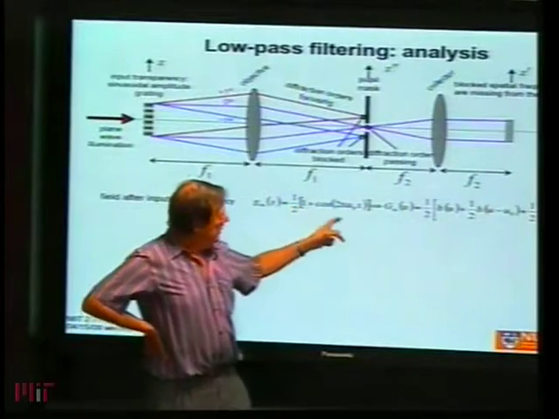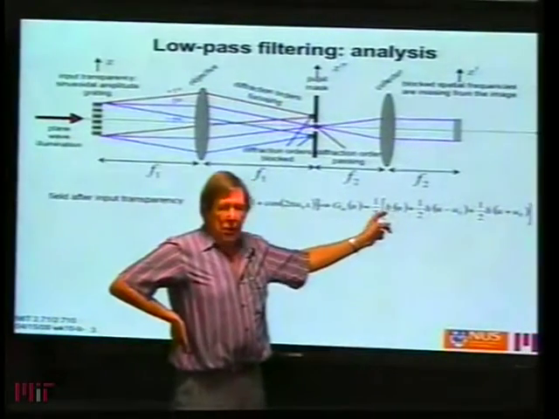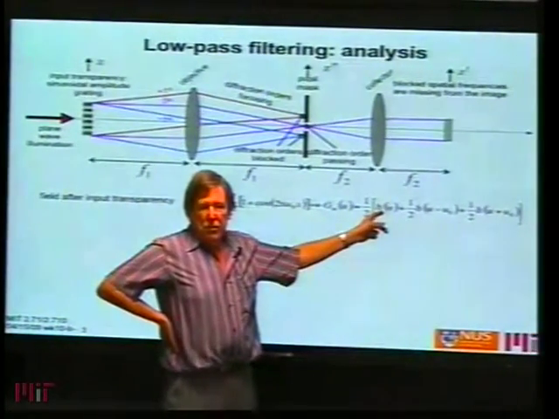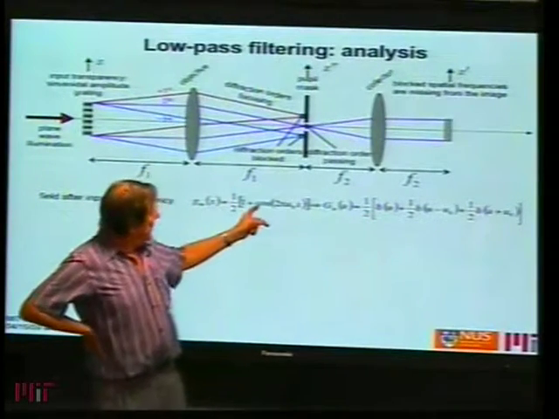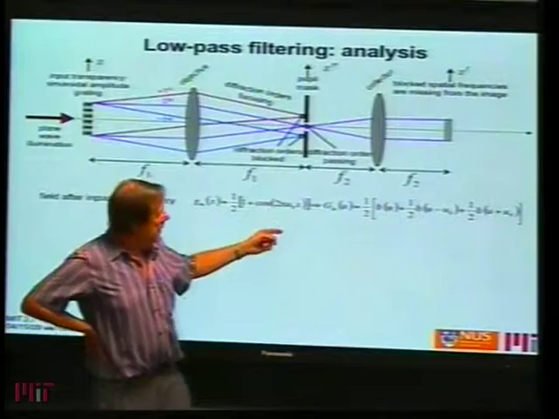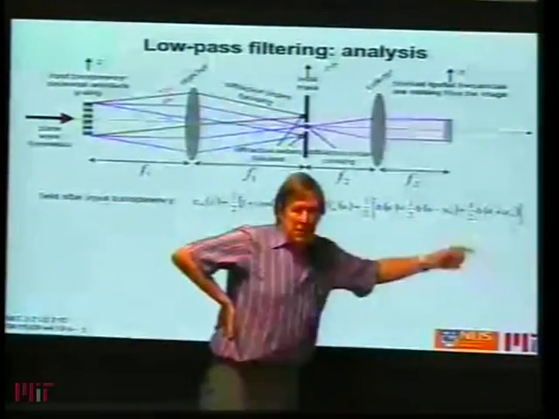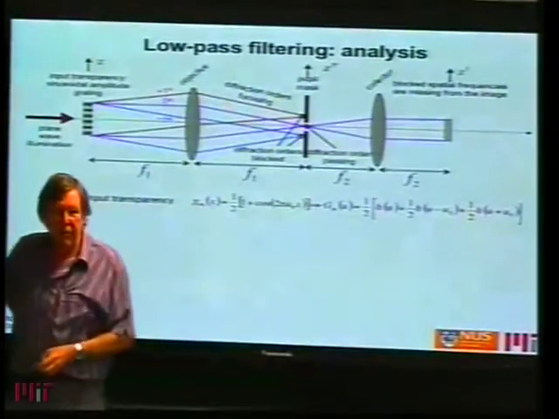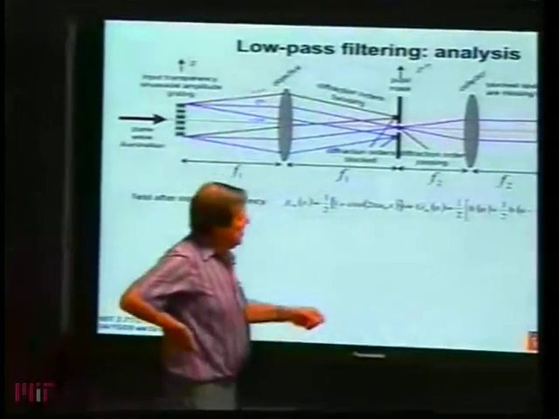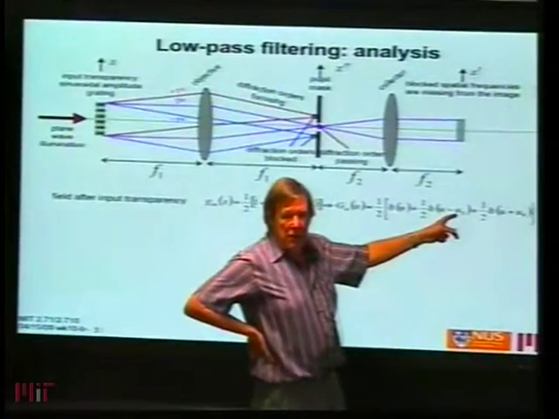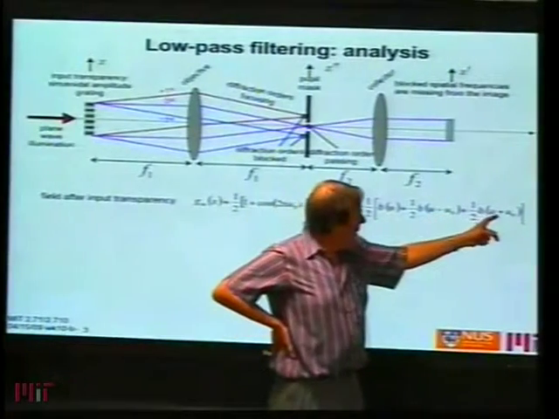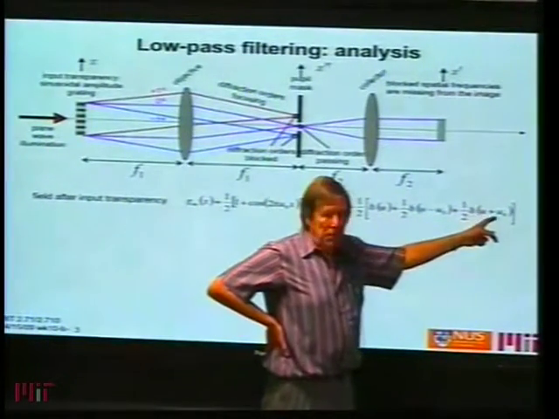The 1 Fourier transforms to a delta function of u, which is a spike where u equals 0. And the 2 components of the cosine correspond to another two delta functions, one at u equals some value u naught, and one at u equals minus u naught.